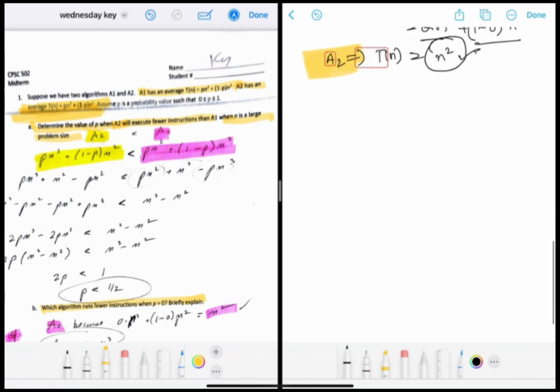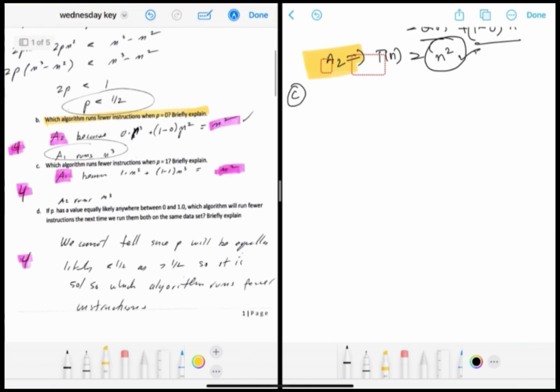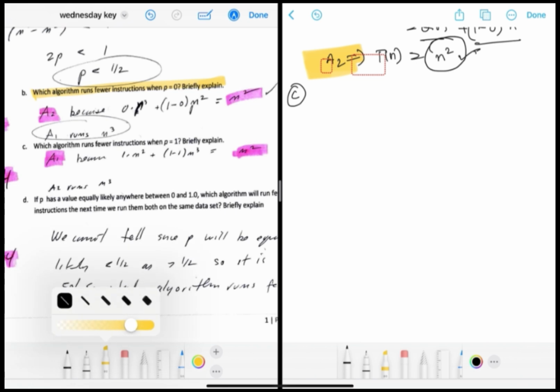And the next question is C, and it is very similar to the previous question: which algorithm runs fewer instructions when P is equal to 1? So when P is equal to 1, we just have to solve both equations for P equal to 1.